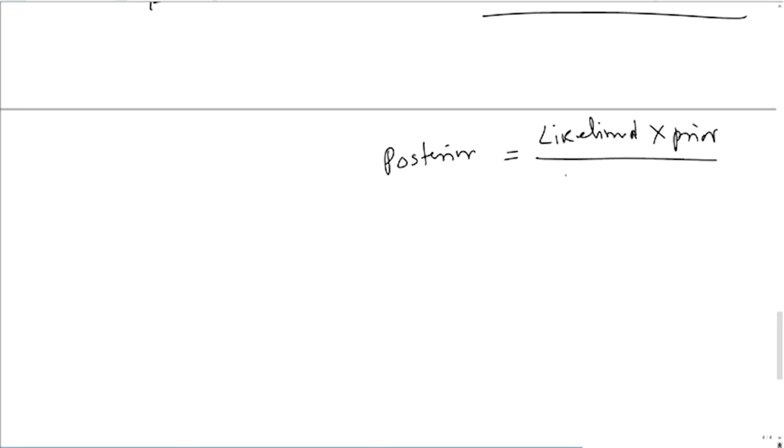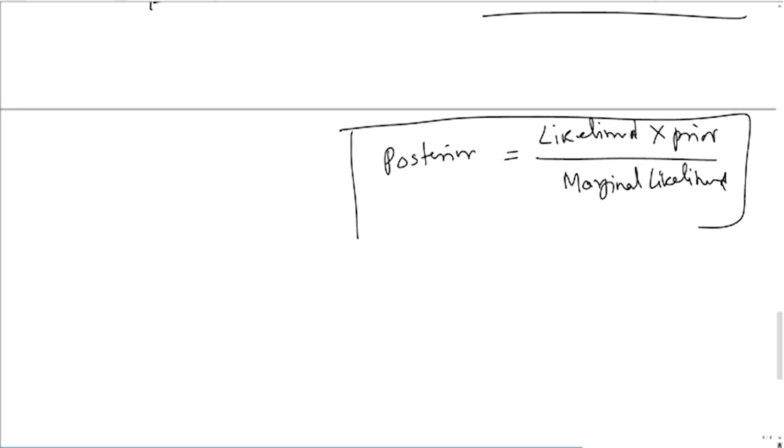So in short, you can write that the Bayes theorem can be written like this, that the posterior distribution of your parameter, let's say theta, is likelihood of theta into prior density of theta divided by marginal likelihood. Okay, that's how the Bayes theorem works, right?